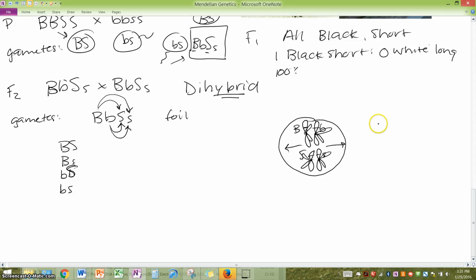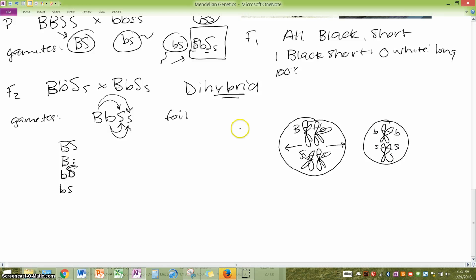This gives rise to a cell that no longer has homologous chromosomes. On the right, I have a chromosome with a little b and a chromosome with a little s.